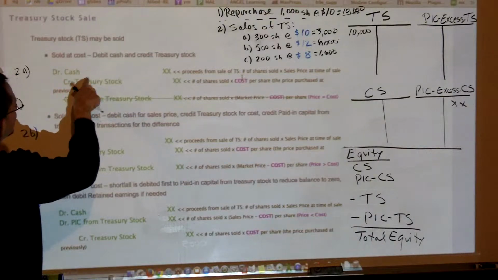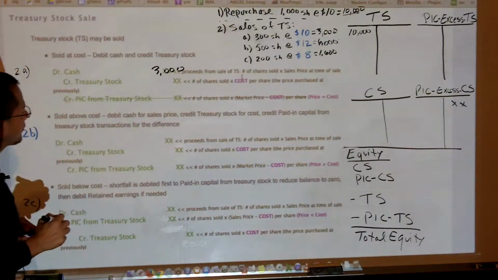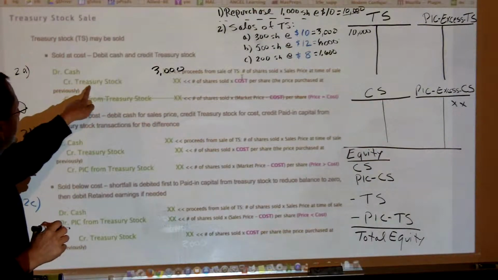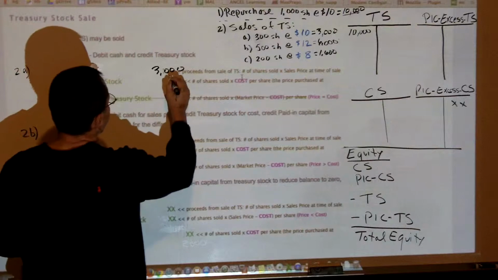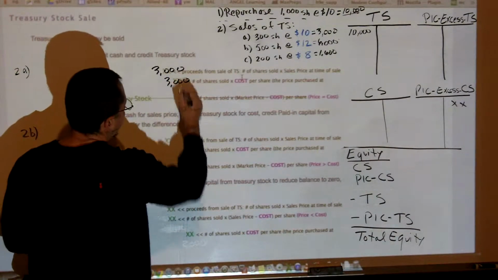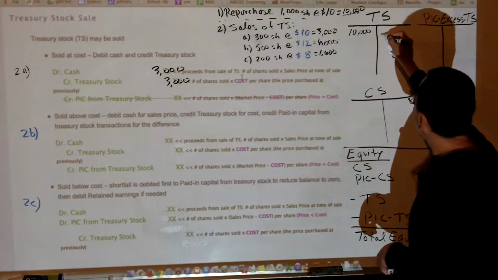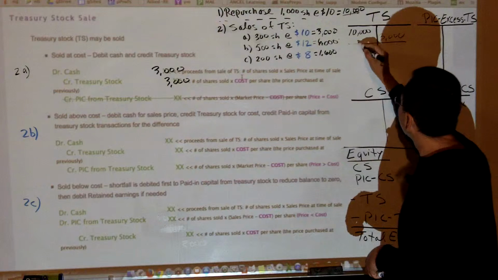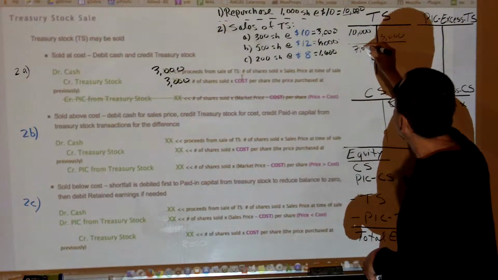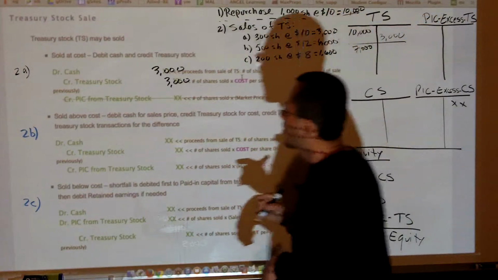So cash will be debited for $3,000. The treasury stock account would be then credited for the same amount. And in posting that, we would see $3,000 here for that sale, leaving us with a balance in the treasury stock account of $7,000 after that initial sale.